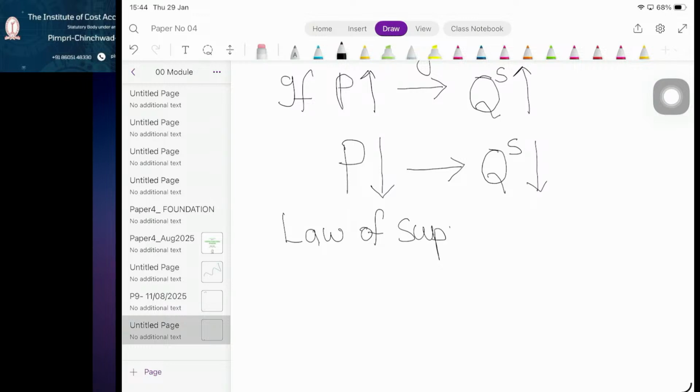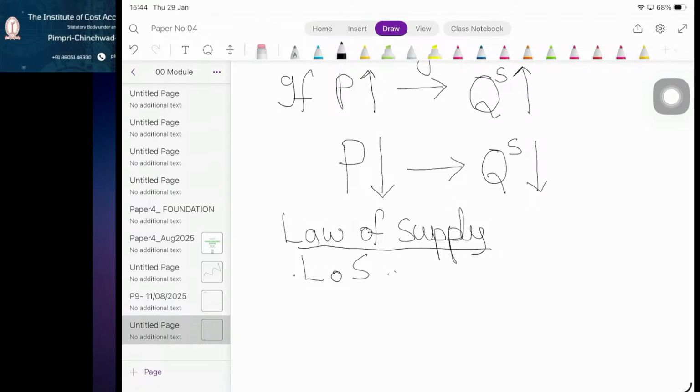See, I'm a great fan of you creating shortcuts to write this. So that will save our time. So LOS, law of supply. Okay, more such acronyms you invent, easier it will be for you to write and remember also.